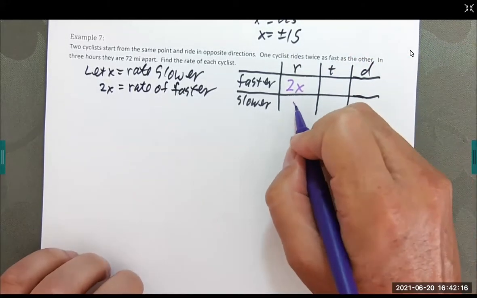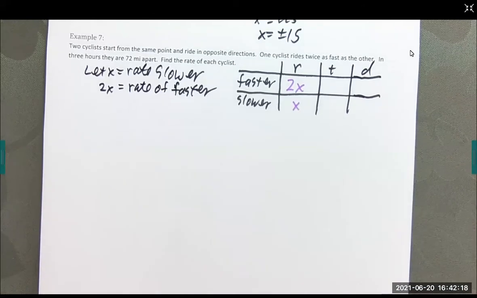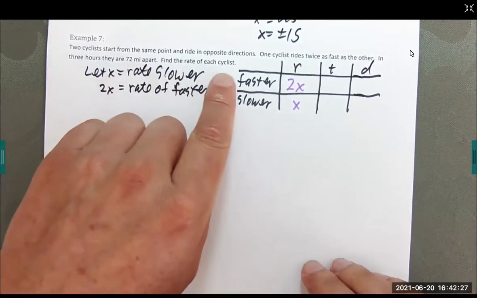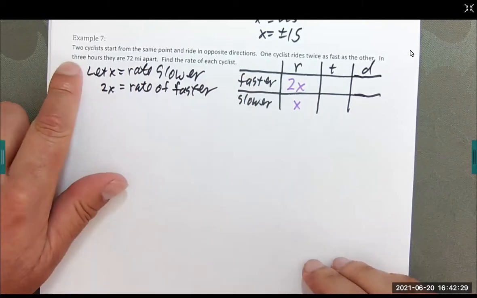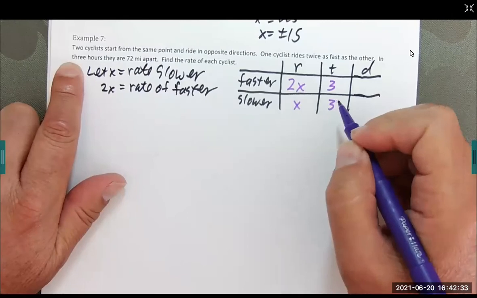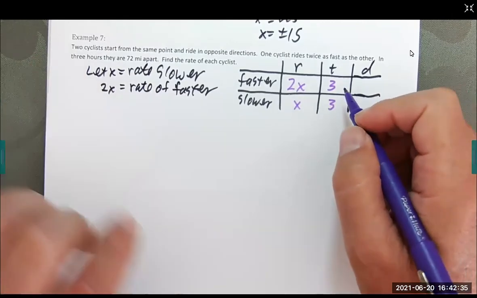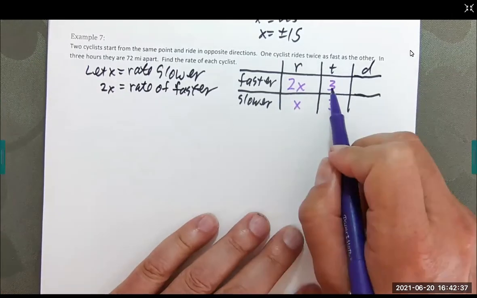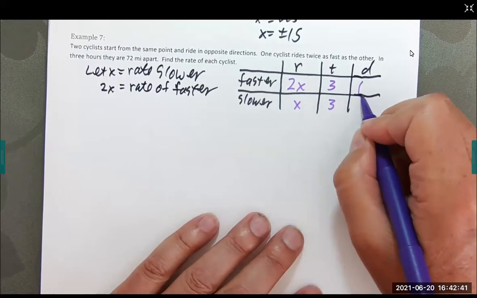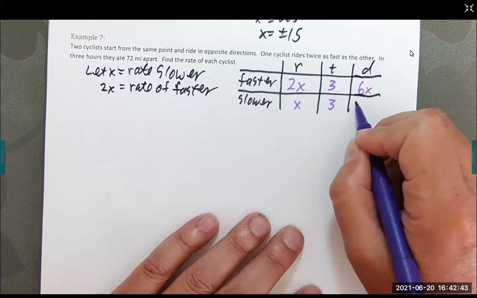Rate of the slower is x. The time is three hours, which makes the distance rate times time. This one was just straight up, no problem. So 2x times 3 is 6x. x times 3 is 3x.